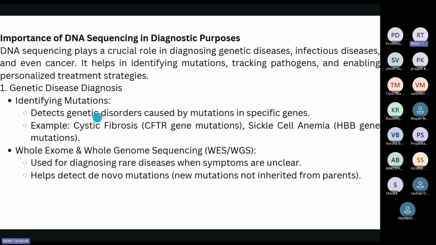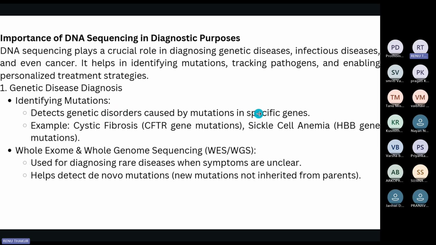Those types of mutations cause variations that lead to diseases like cystic fibrosis, which is caused by mutations in the CFTR gene, and sickle cell anemia, which is caused by mutations in the HBB gene, okay?